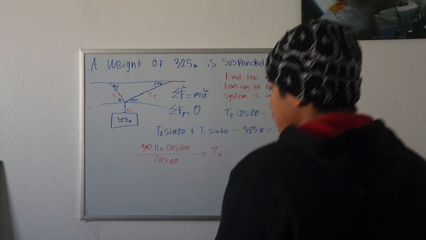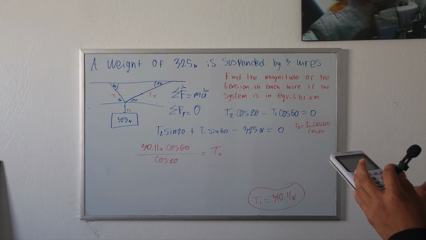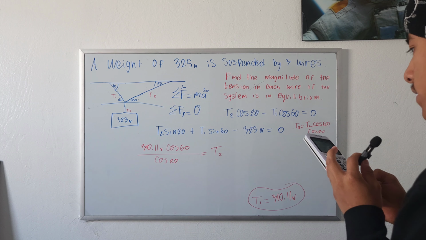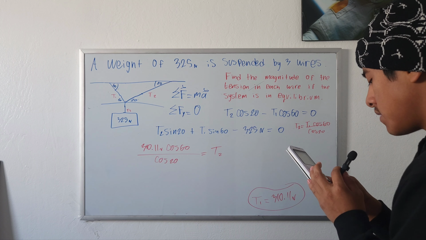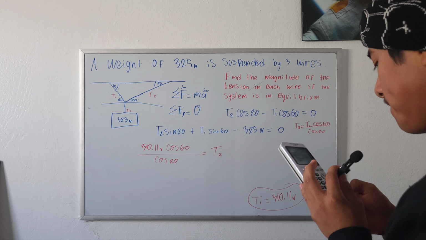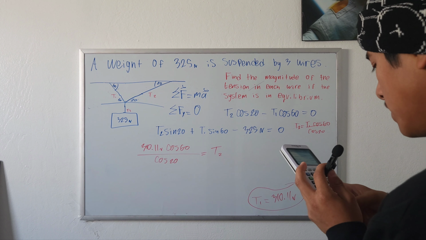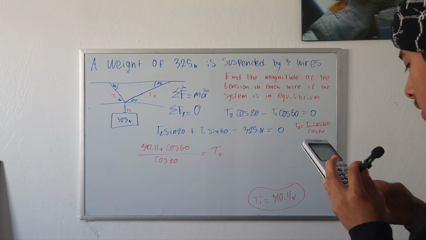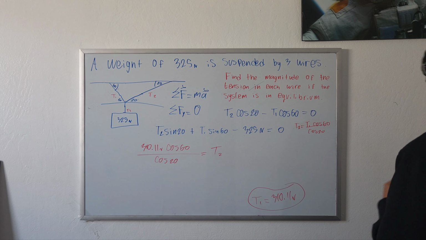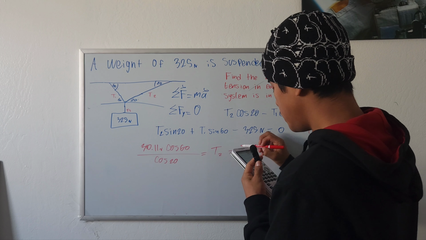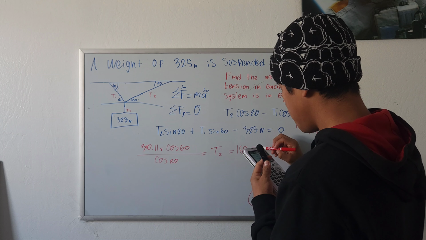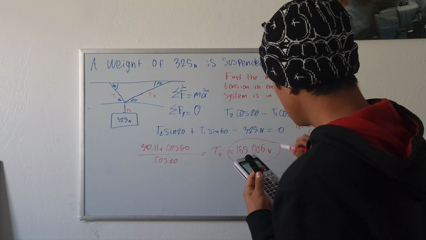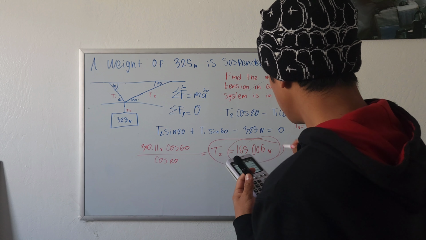So now all we have left to do is plug this into the calculator. So we have 310.11 newtons times the cosine of 60. That is going to be all over the cosine of 20. And your final answer for T2 is going to be 165.006 newtons. I should have circled this whole thing.